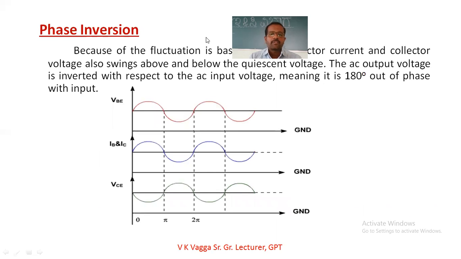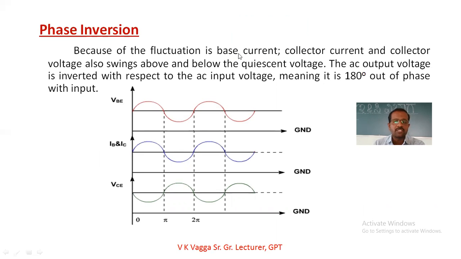And now we'll go for the phase inversion. It is because the fluctuations in the base current, collector current, and collector voltage also swing above and below the quiescent voltage. The AC output voltage is inverted with respect to the AC input voltage, meaning it is 180 degrees out of phase with the input here.